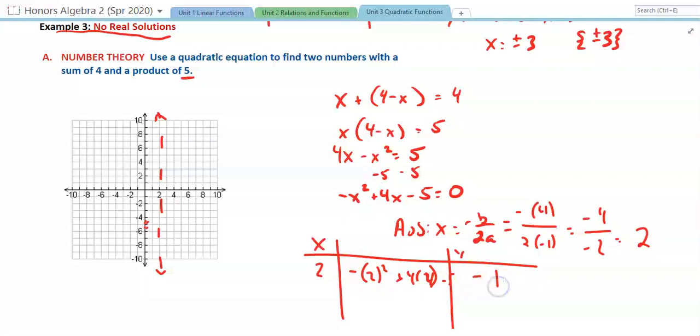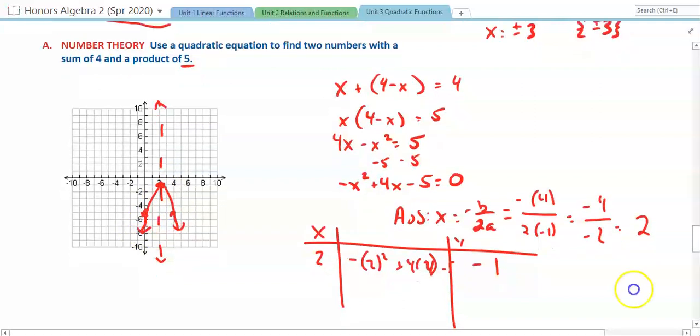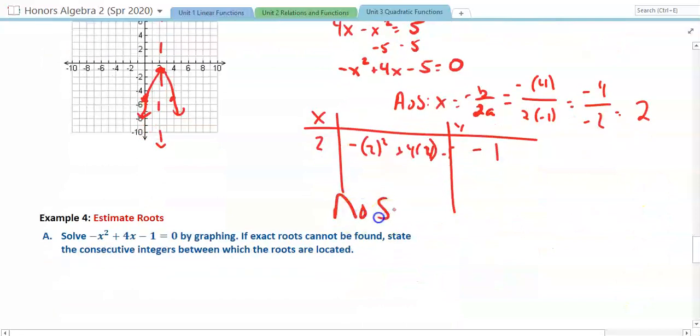Minus 5 gives me -1. And so my vertex is below the x-axis as well. Again, little difficulties here with doing this by hand. But we'll see that this, and again, I'll reflect a point across, ends up with a parabola that looks like this. Does it ever touch the x-axis? No. And so this has what? No solution. Okay.